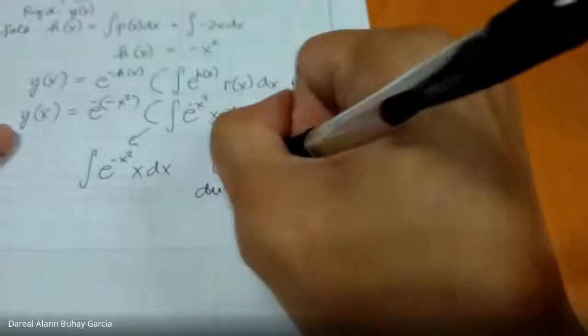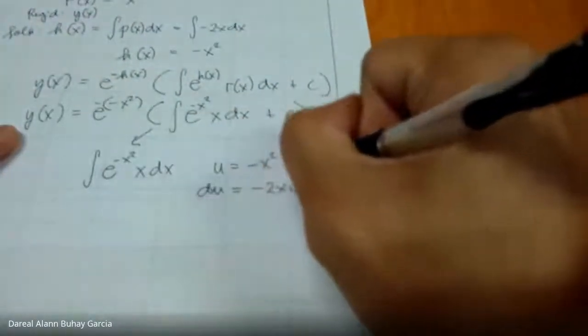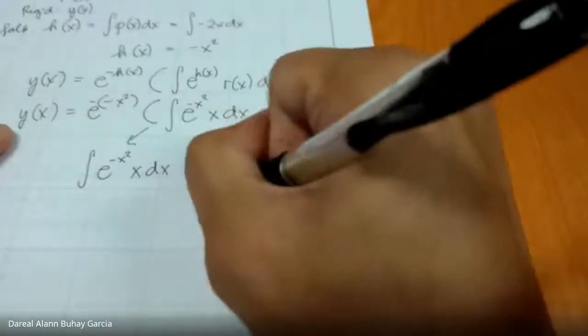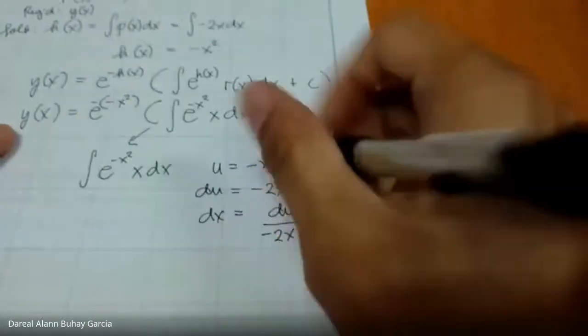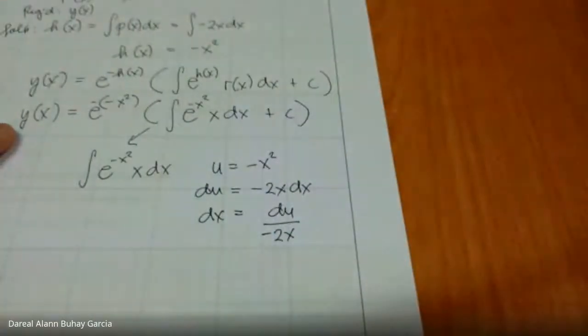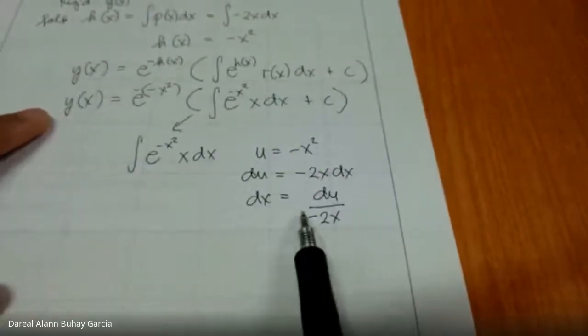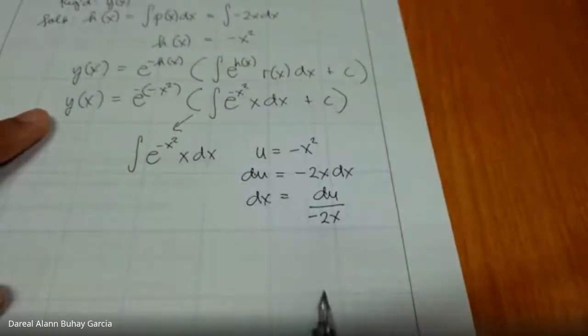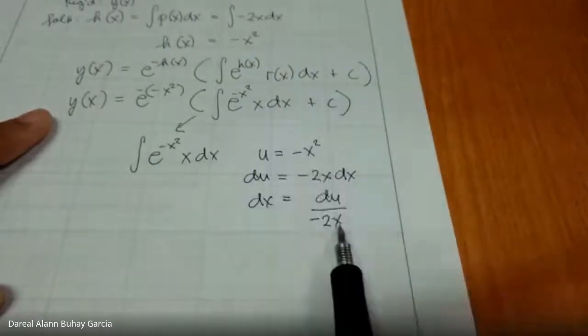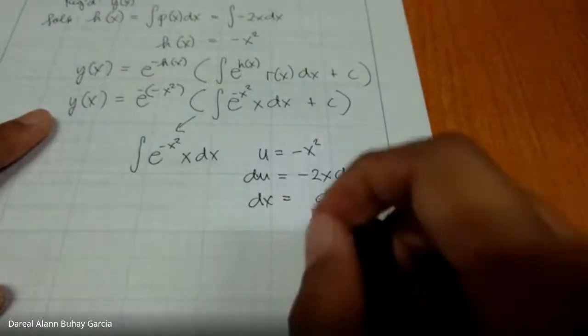Therefore, du is negative 2x dx. Therefore, dx is du over negative 2x. Yeah, that's correct. So just replace everything by u and du over negative 2x.